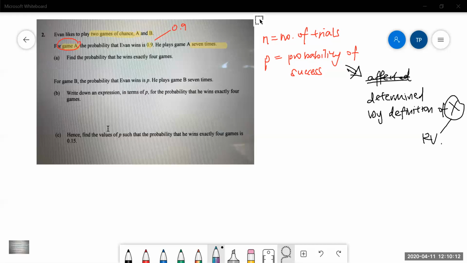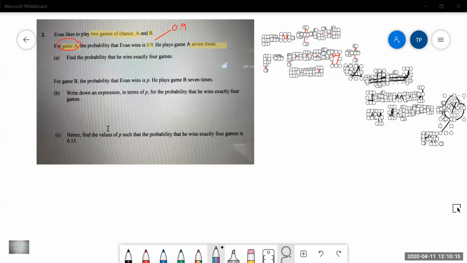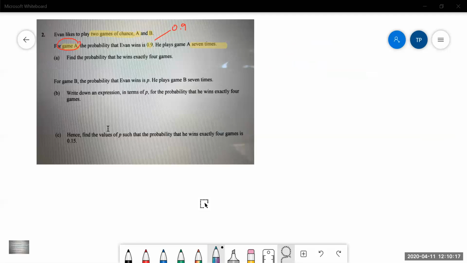So from here, we can proceed to solve this question. What are the steps to solve a binomial distribution question?